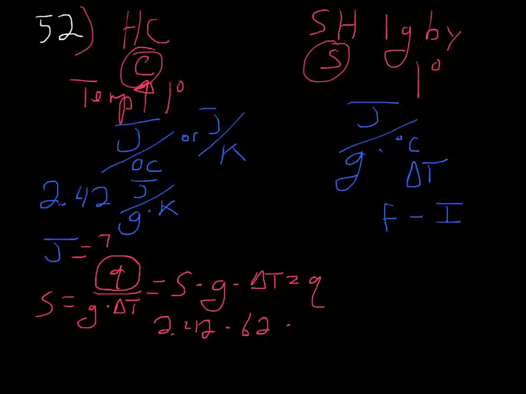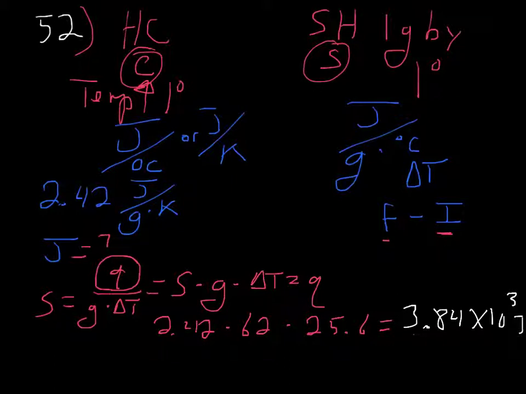If we go final minus the initial, we find out that our change of temperature is 25.6. You add all that together and you should get 3.84 times 10 to the third joules.